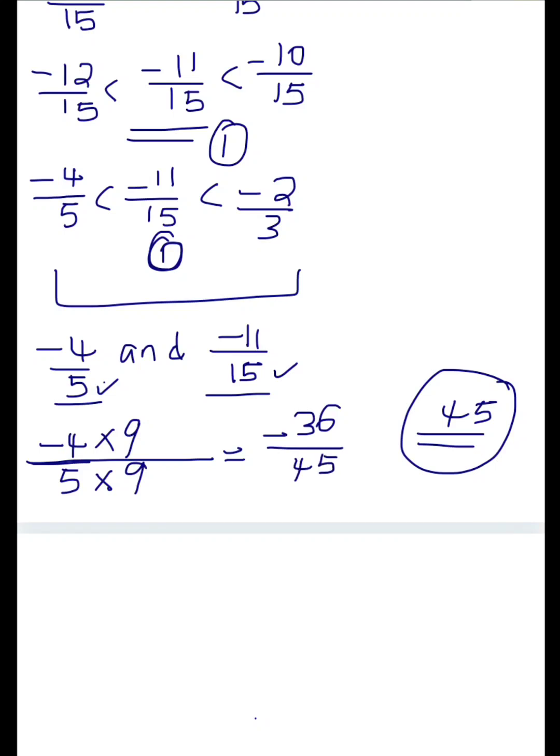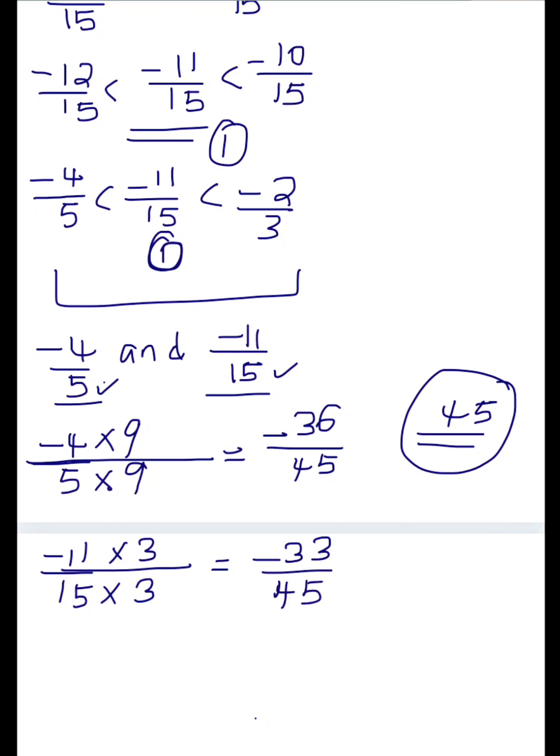Okay. Now what about minus 11 by 15? In order to make the denominator 45, I have to multiply it with 3. So I'll multiply numerator also with 3. So I will get the answer as minus 33 by 45.